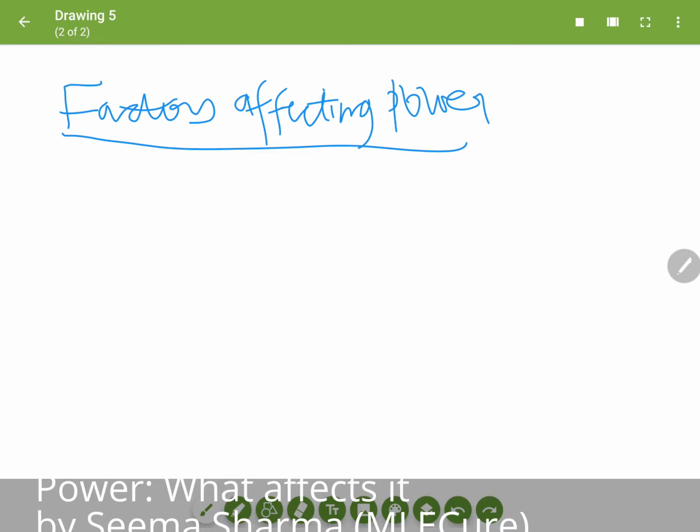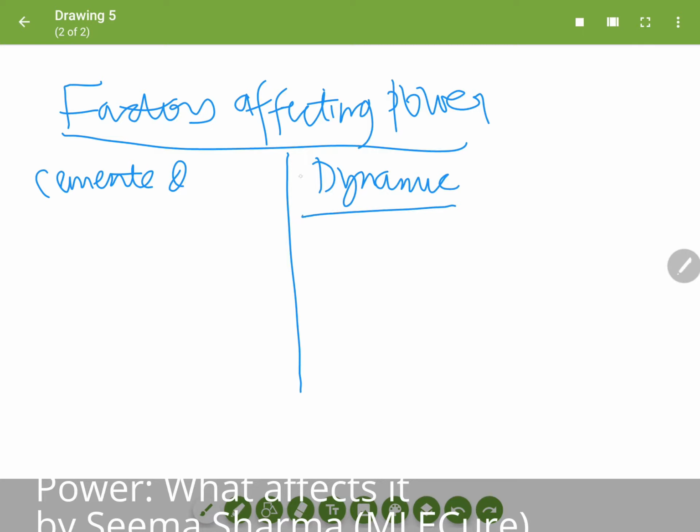And I'm going to start off by dividing the factors into two. One is the one that is cemented, and the others are dynamic and can be changed. So cemented is basically the magnitude of difference.